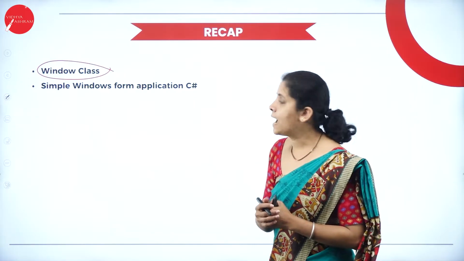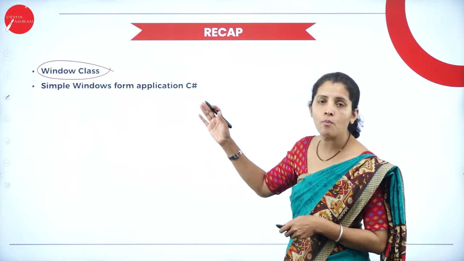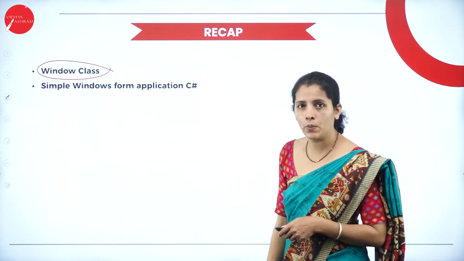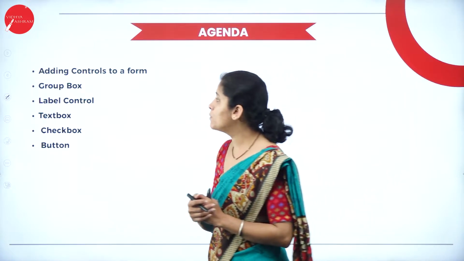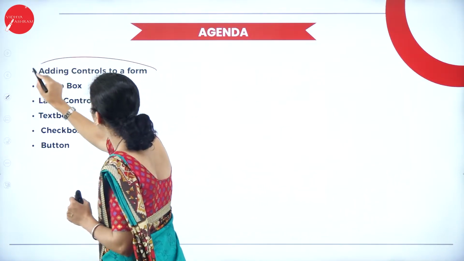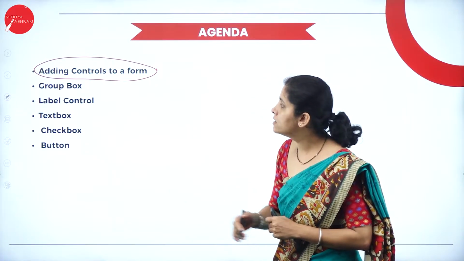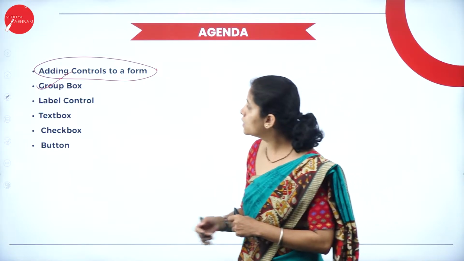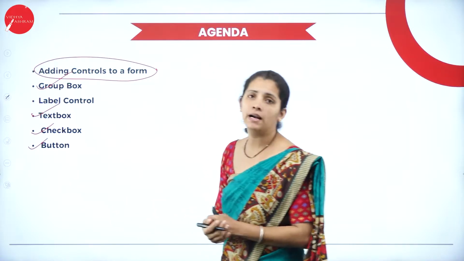Along with that, I discussed how to create a simple Windows Form application by using the C# programming language. Now, in today's session, I'm going to deal with how to add controls to a form, and what is a group box, label control, text box, check box, and buttons.